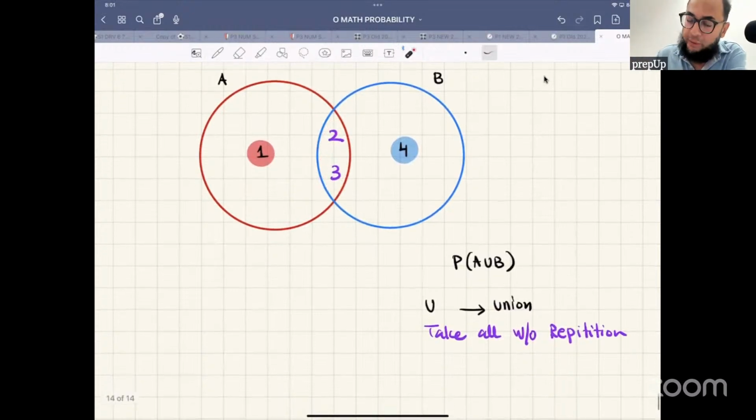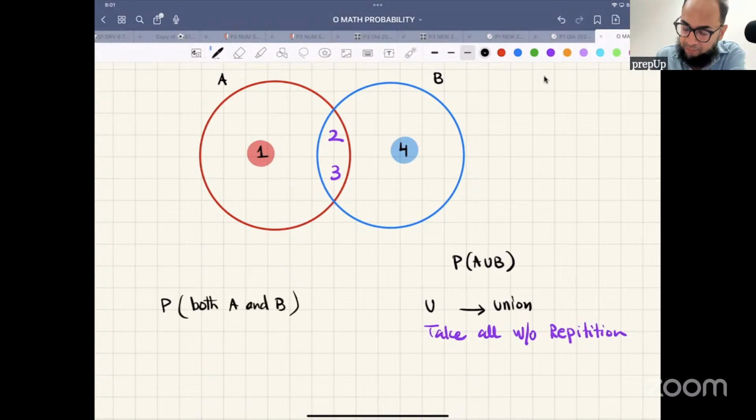So now over here, if I say that what is the probability of both A and B, that means we are talking about the common thing. We are talking about intersection.